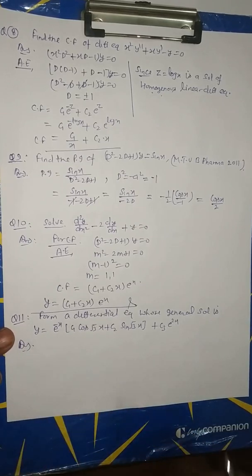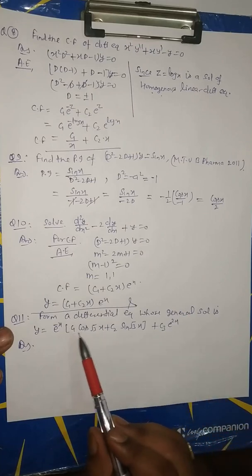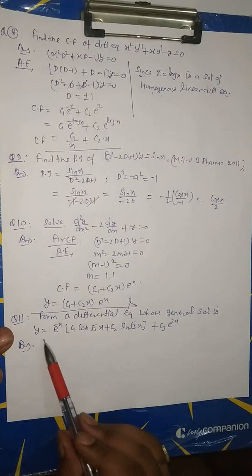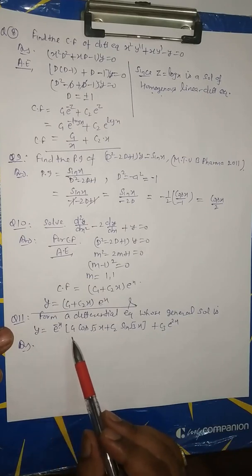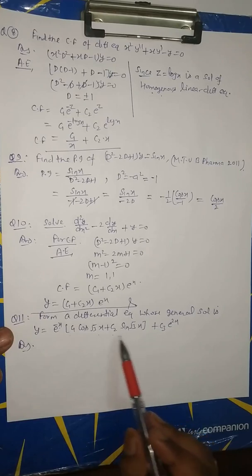Now answer. We get here, this is given y is equal to e to the power minus x into (c1 cos root 3 x plus c2 sin root 3 x).